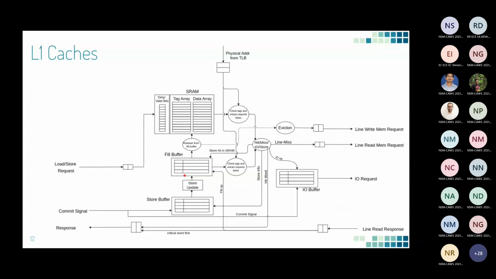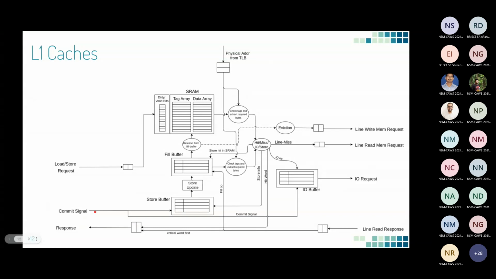So what happens on a store if it's a direct hit in the RAMs? If you get a store request from the core and you see that the line is present in the RAMs, you move that line into the fill buffer, invalidate it from the RAMs, and allocate a store buffer entry. Now, when the instruction in the pipeline reaches the write back stage, it sends a commit signal.